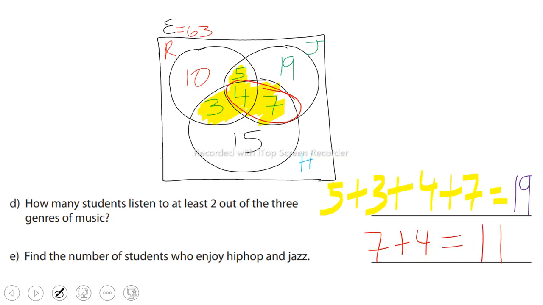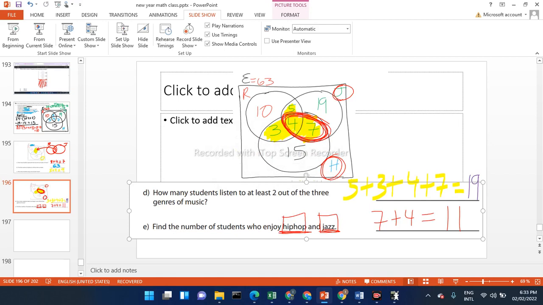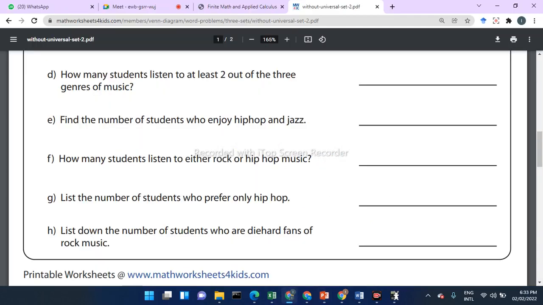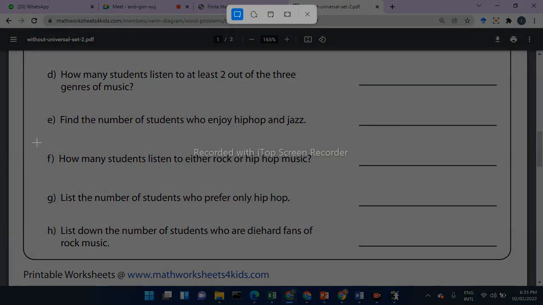Notice it says the number of students who enjoy hip hop, which is H, and jazz, which is J. We're trying to figure out where they intersect, right there. So hip hop and jazz is 11. What number are you on now? F and G, yeah. Okay.